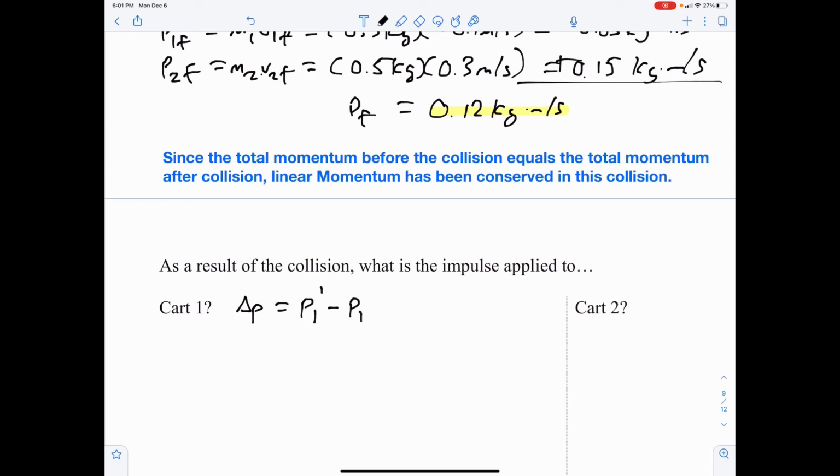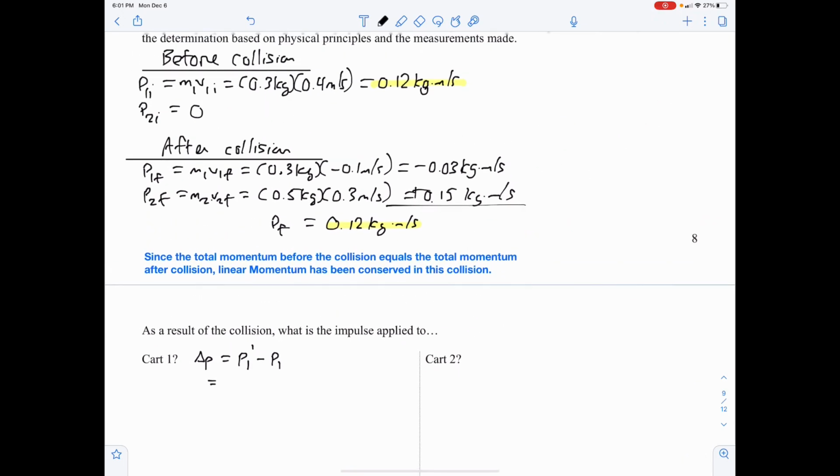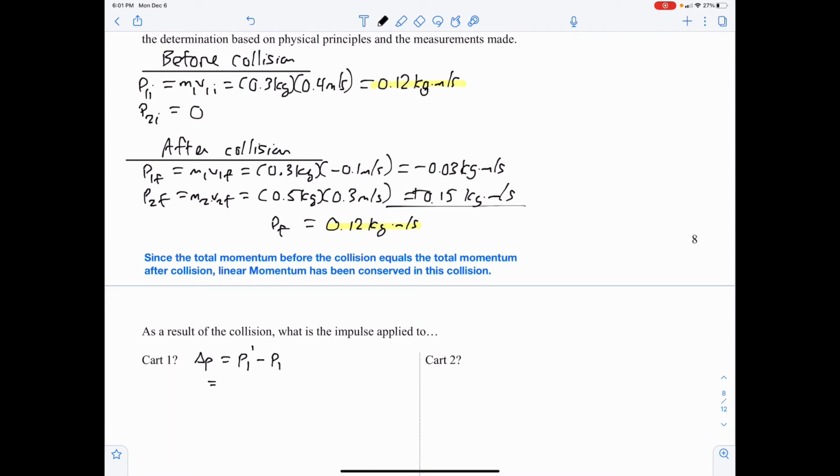So this would be, if we look at our momenta calculations above, after would be negative 0.03 kilograms meters per second, minus before, that would be 0.12 kilograms meters per second, and we get negative 0.15 kilograms meters per second.